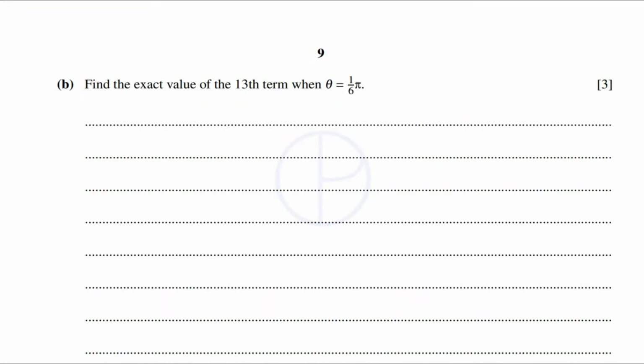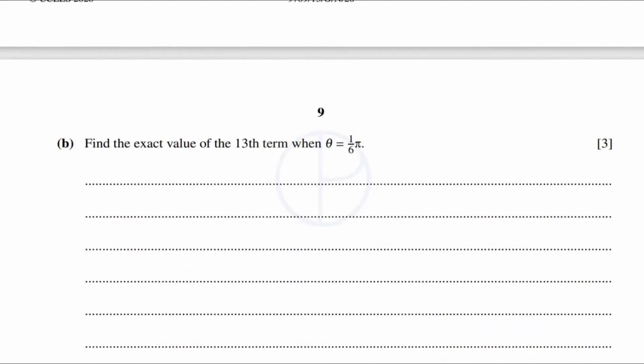The next part of the question is, find the exact value of the 13th term when theta is equal to 1 over 6 pi. So what is the 13th term? a plus n minus 1 multiplied by d is the nth term. So we have to substitute n as 13.